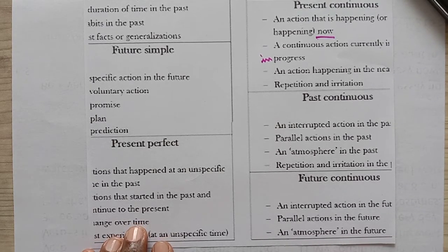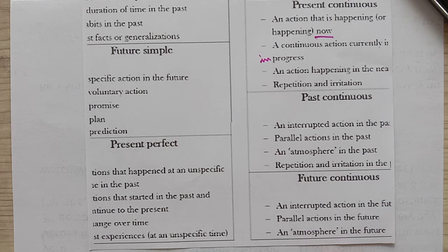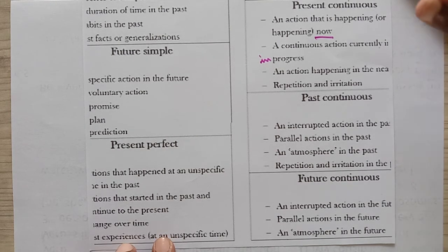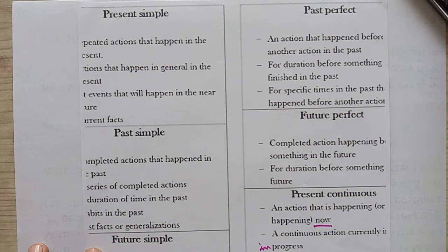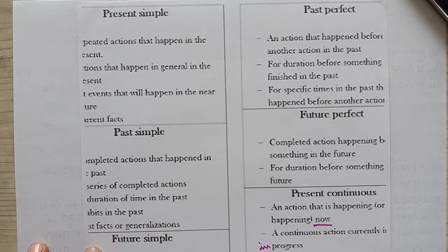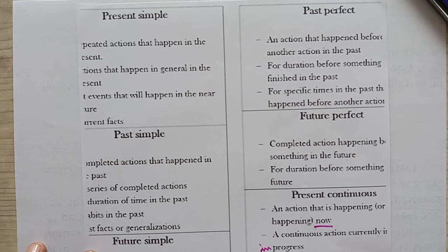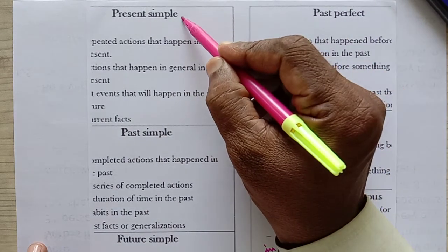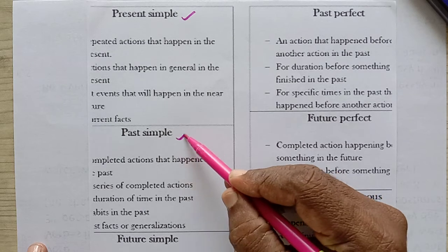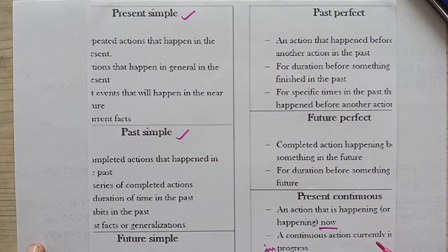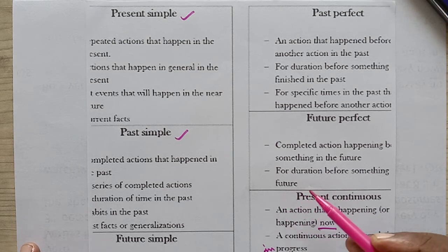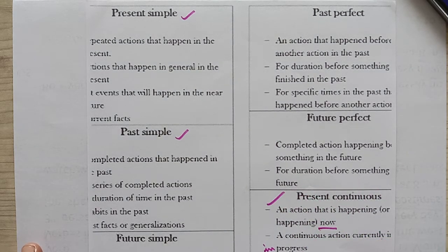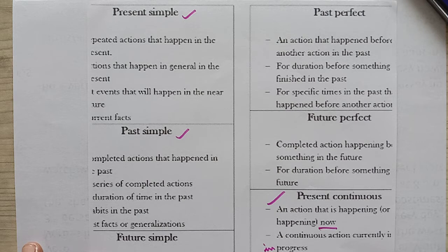Sometimes the examiner will give questions on the present perfect tense, so all of you listen carefully. When we learn tenses, certain tenses are very important for our intermediate exams: present simple, past simple, present continuous, and present perfect continuous.